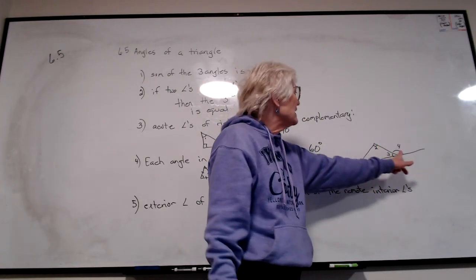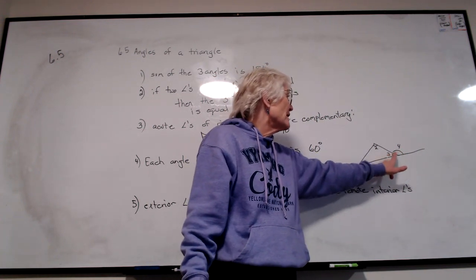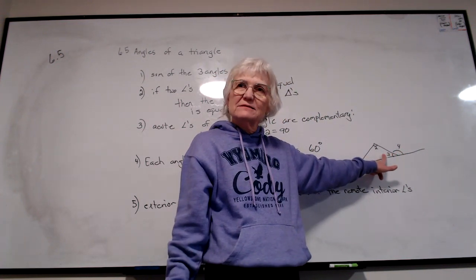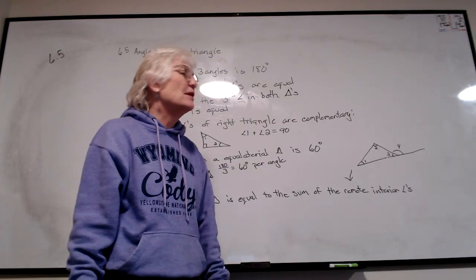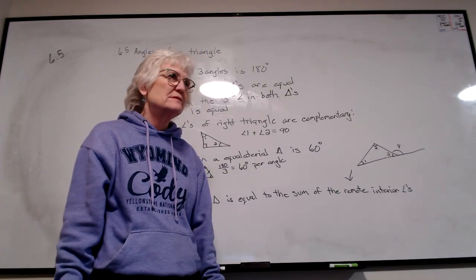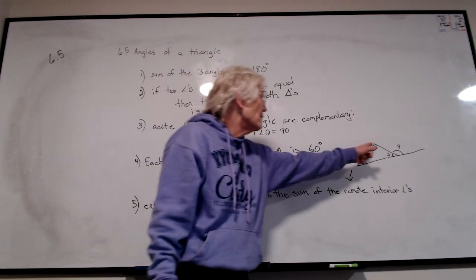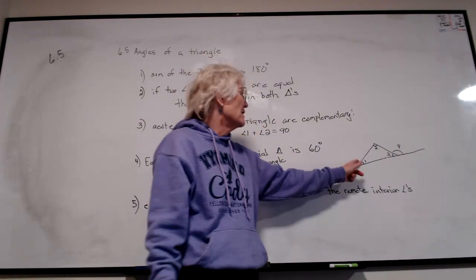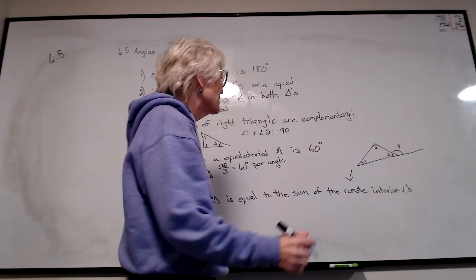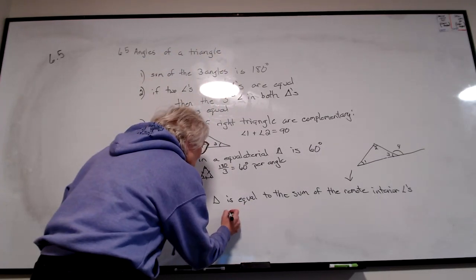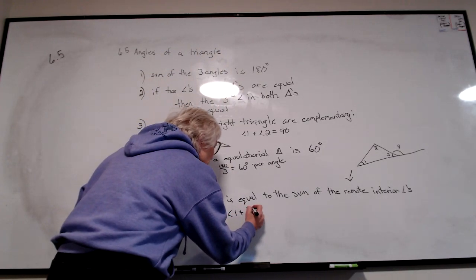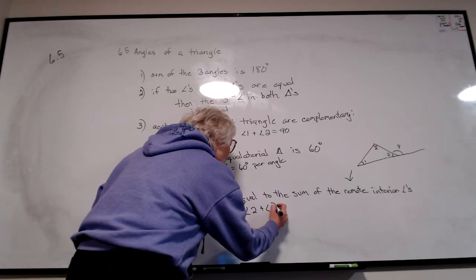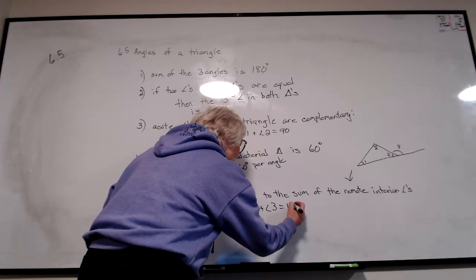But what we see is because these two add up to give me 180, 3 and 4 add up to give me 180. So then 1 and 2 must equal 4. So let's just look at this. Angle 1 plus angle 2 plus angle 3 equals 180.